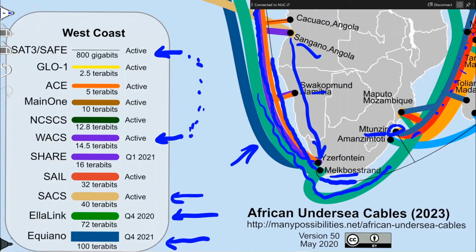And very soon, in addition to that 15, we may have another 72 added, and then suddenly another 100 added. So you can see the speed increases here. It's almost a doubling in general when you get these new cables in place.